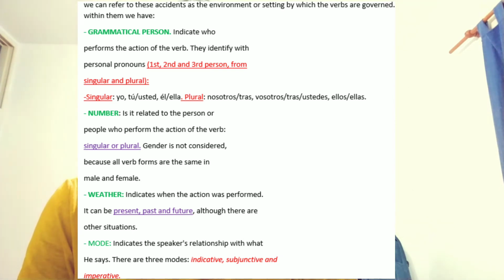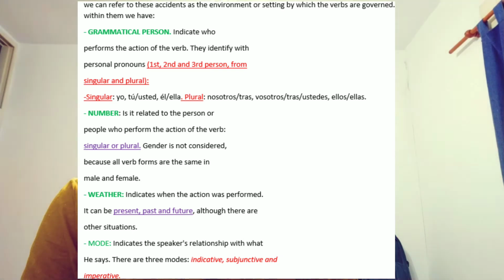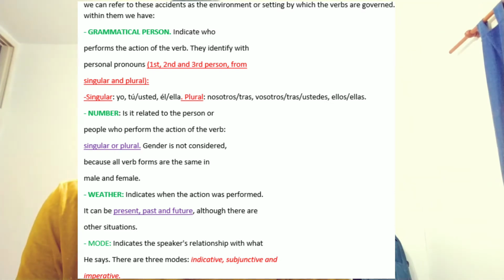It can be present, past, and future, although there are other situations. You have mode, which indicates the speaker's relationship with what he says. There are three modes: indicative, subjunctive, and imperative.